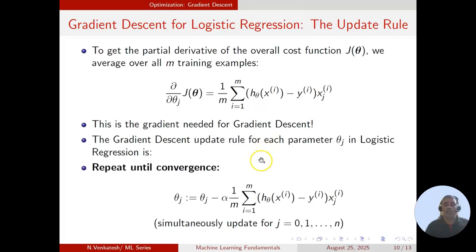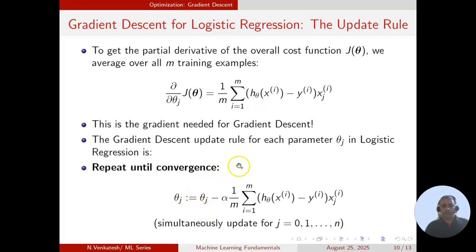As you know, initially we take some random values for theta, and then we update in every iteration using this gradient, that is theta j is theta j minus alpha into dou by dou theta j of J of theta, and we repeat until we get a convergent solution.